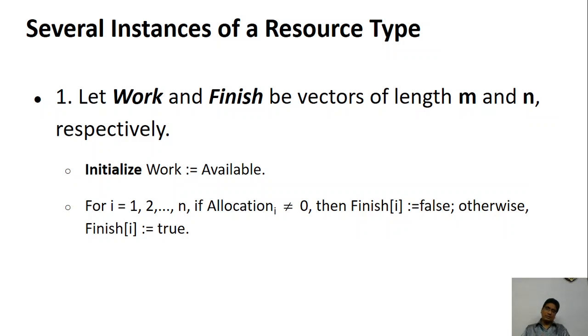What is your intention? I have given some resources to one process. If the process completes, I will take back that resource and give it to somebody else. If the process has not taken any resources, let it go anywhere it wants, because it's not going to return any resource to you. So if there is no resource allocated to it, you just say it has finished, whether it is done or not.